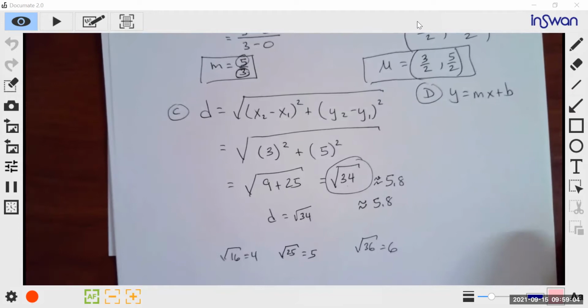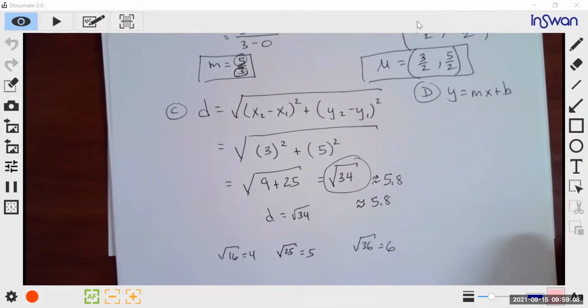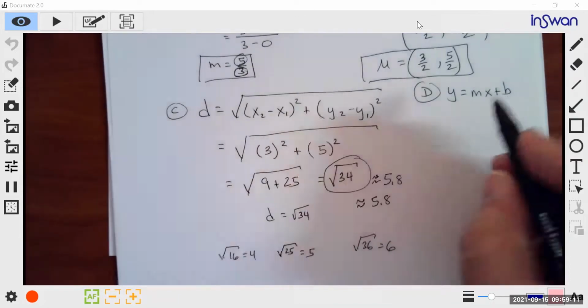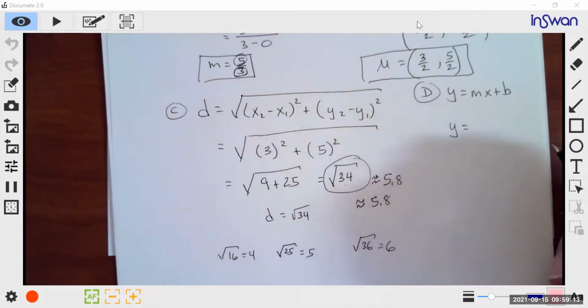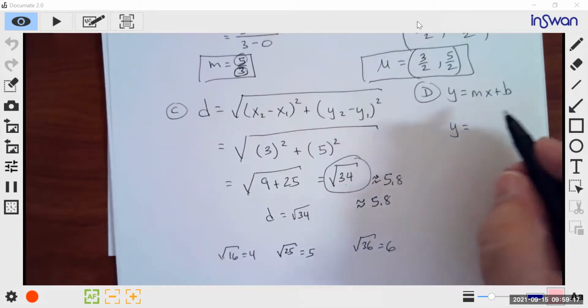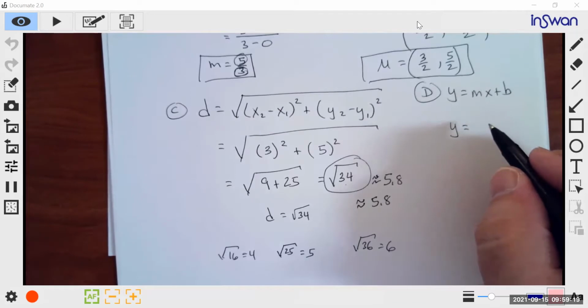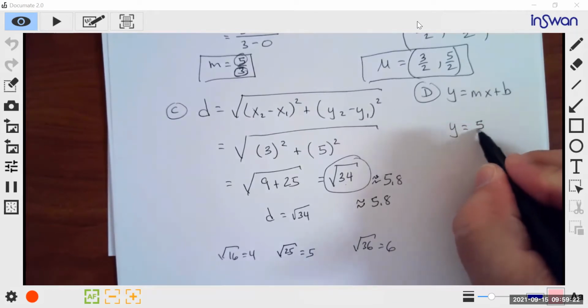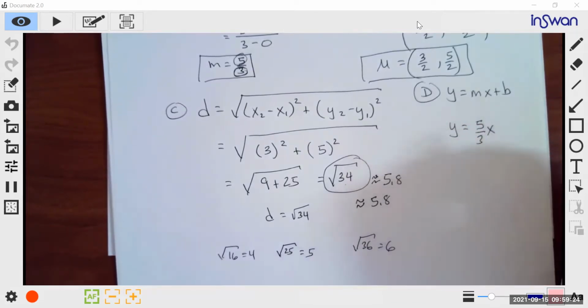And the last one. Do we know enough information to solve that one? So what's the equation? Anybody? 5/3x. What's b? You're right.